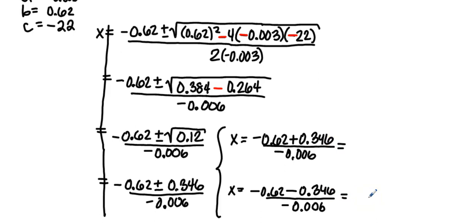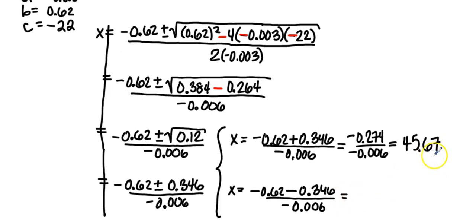In my calculator, I'm typing in negative 0.62 plus 0.346, and that gets me negative 0.274, all divided by negative 0.006. I know that negative divided by negative is a positive, so I can just do 0.274 divided by 0.006, and I got 45.666 repeating, so I'll round that to 45.67.